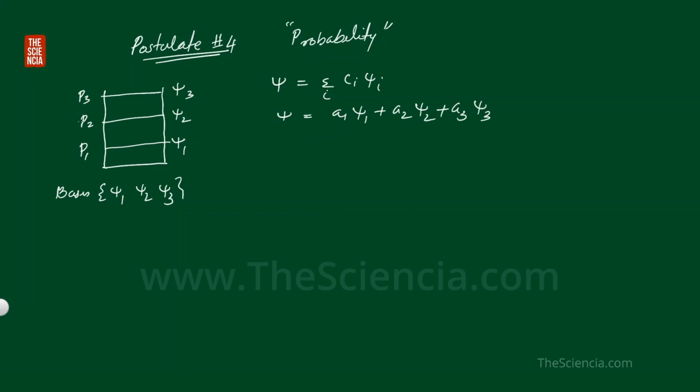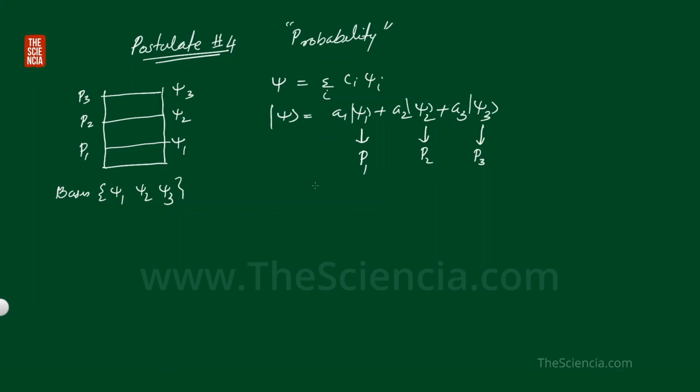And I told you P1, P2, P3. P1 is the probability of finding the particle in the state psi1, P2 is the probability of finding the particle in state psi2, and P3 is the probability of finding the particle in state psi3.